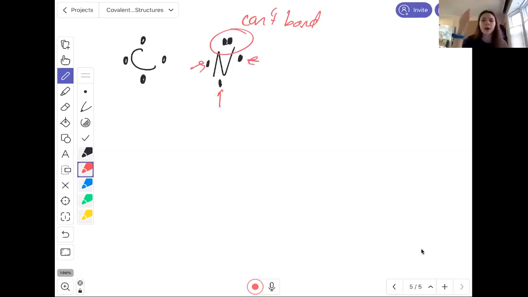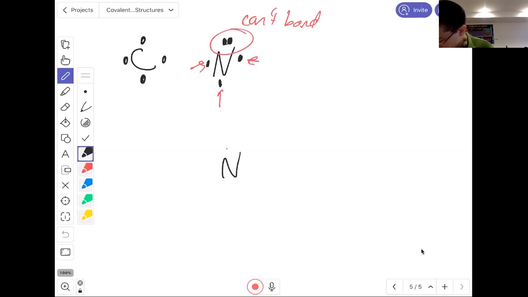So why would they share instead of transferring? Because typically when you put two elements together like this, let's look at the nitrogen and the fluorine.